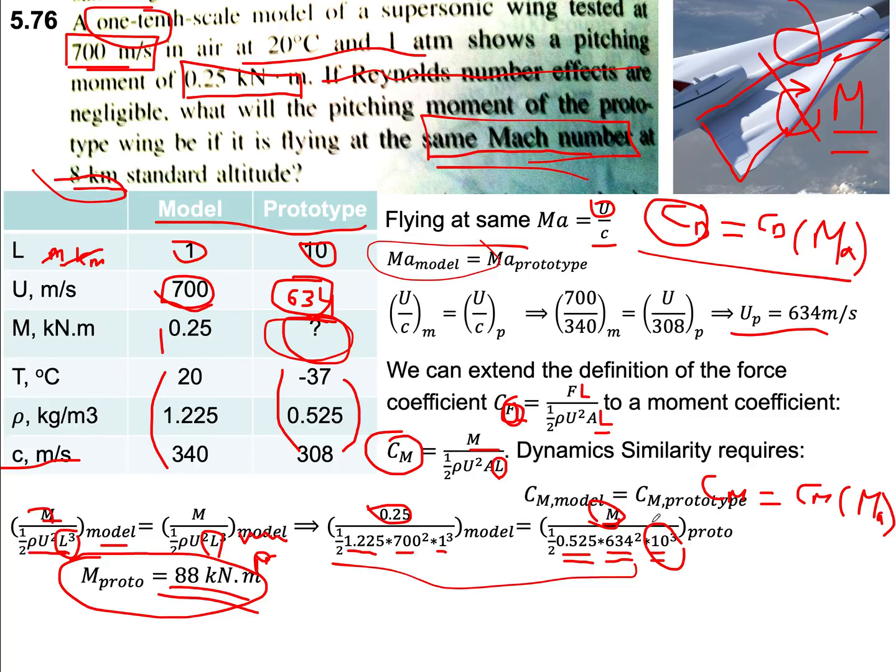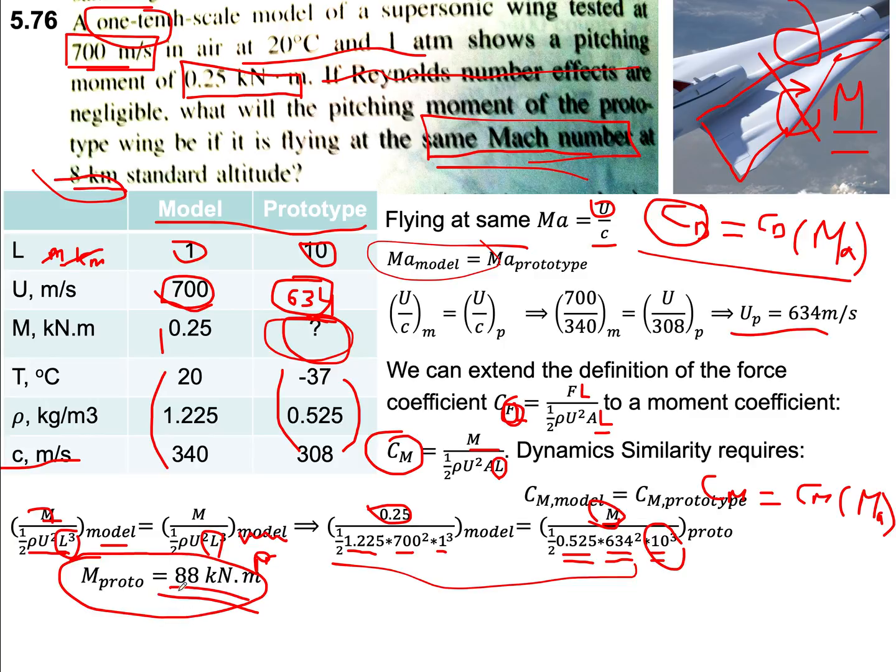But with all these effects combined, you have a factor of 1,000 on the scale, but then the density ratio is almost a half, and then here you have a factor of 6/7, so maybe another 0.7 or 0.6. But you see, from 0.25 kilonewton meter, we got a huge number, 88 kilonewton meter.